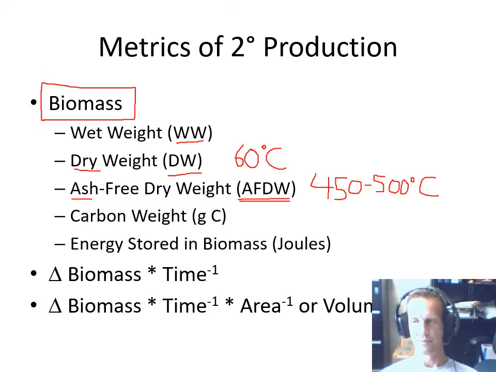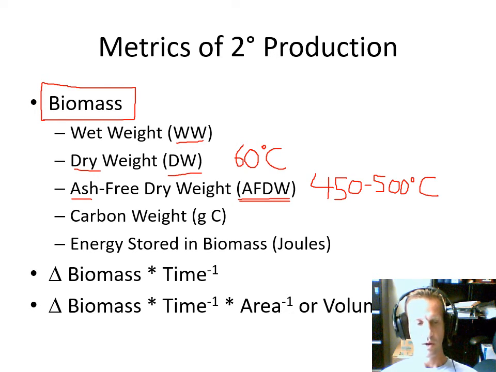Like if it's a seaweed that was muddy and it had a lot of dirt and mud on it, the ash-free dry weight would have sort of eliminated the effect of the sediments that might have been stuck in with the seaweed there. So ash-free dry weight, just a little bit more accurate than pure dry weight.